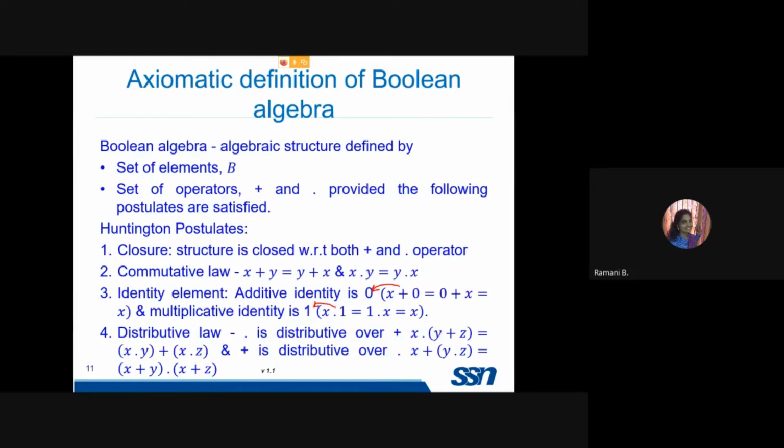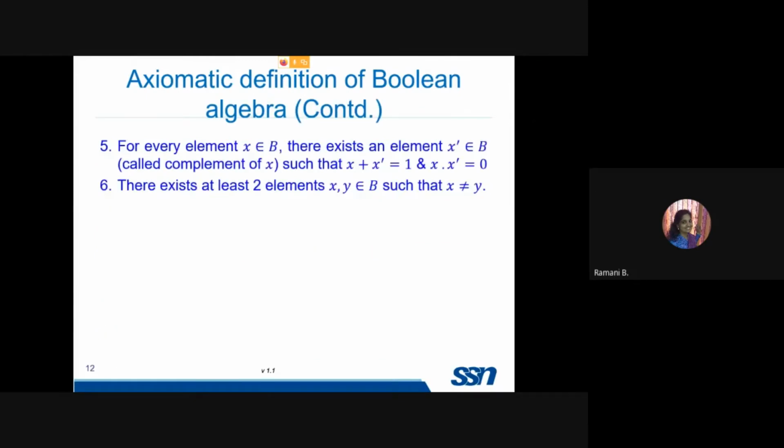In Boolean algebra, the dot operator is distributive over plus, giving x dot (y plus z) equal to (x dot y) plus (x dot z), and plus is distributive over dot, giving x plus (y dot z) equal to (x plus y) dot (x plus z).